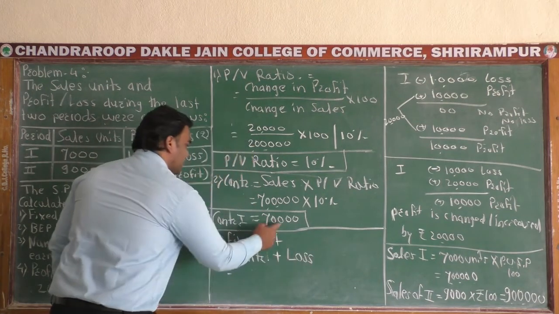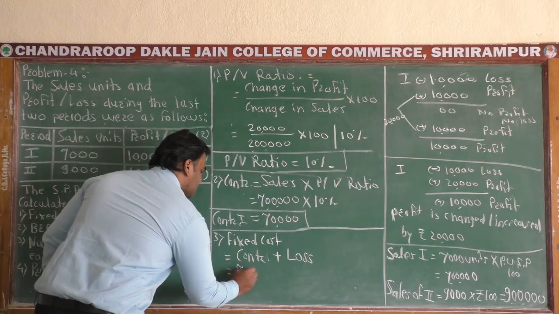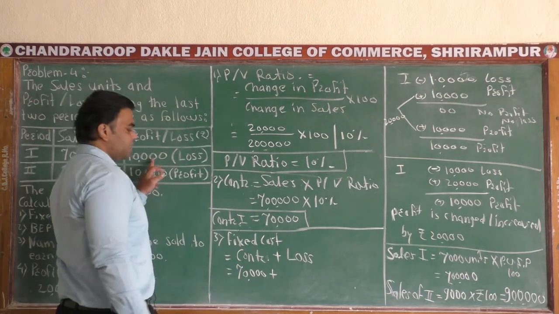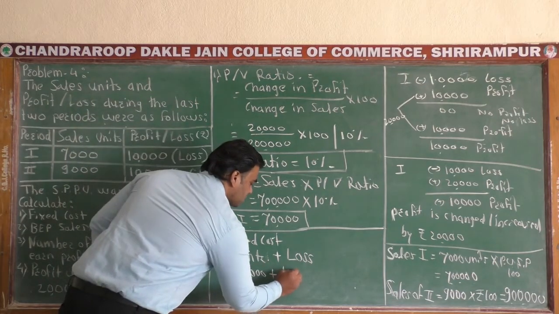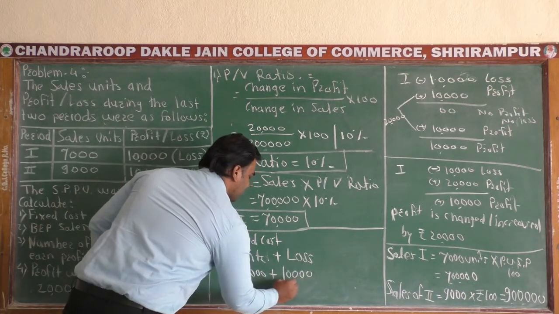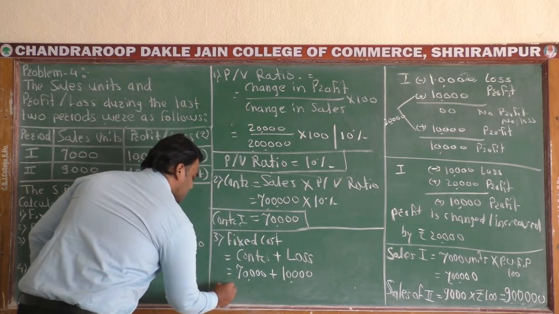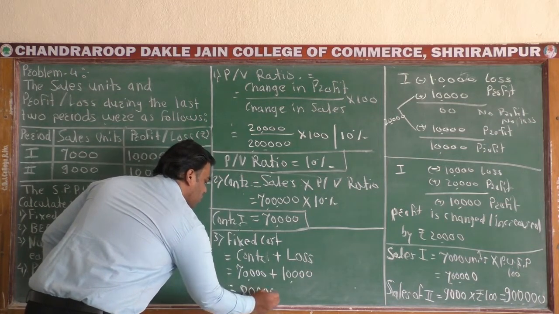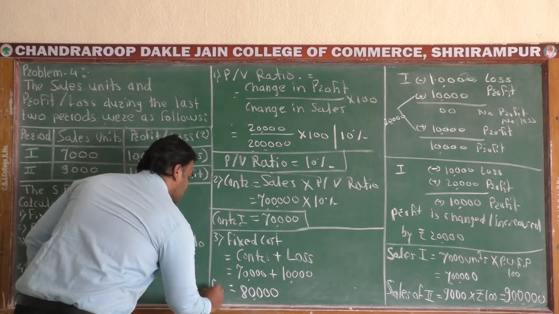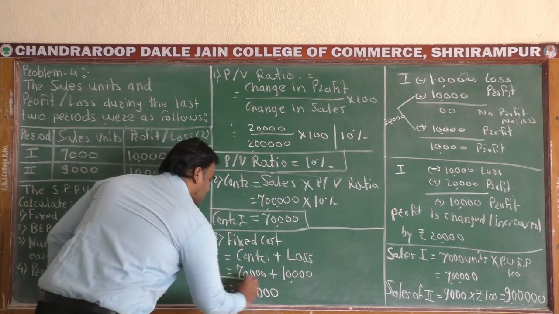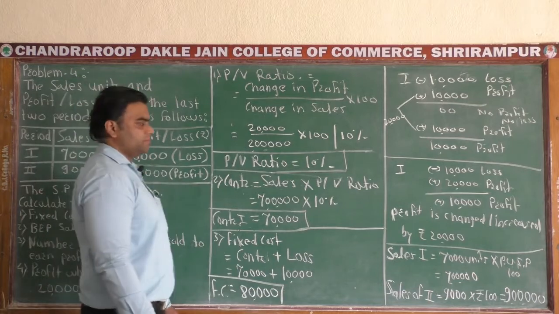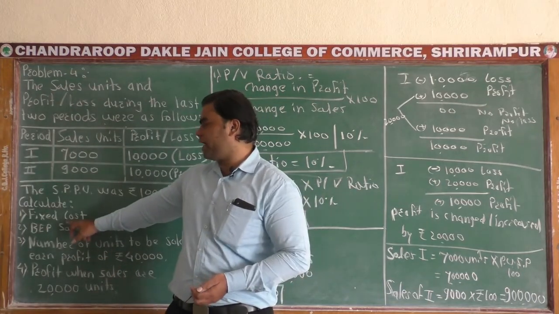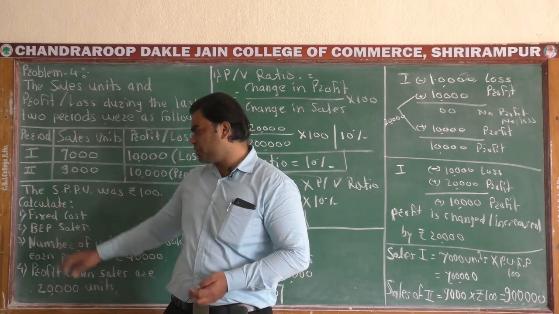So here contribution is 70,000 plus loss, which is 10,000. So 70,000 plus 10,000 is equal to 80,000, the amount of fixed cost. Fixed cost is 80,000. So we have calculated the first item, fixed cost.